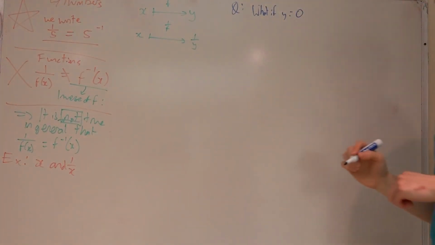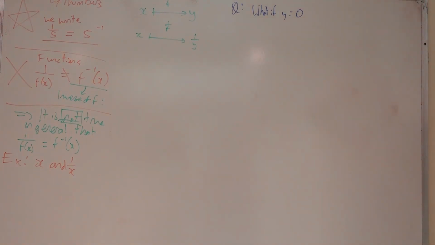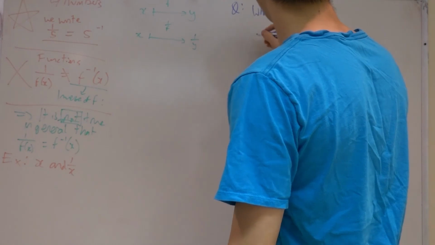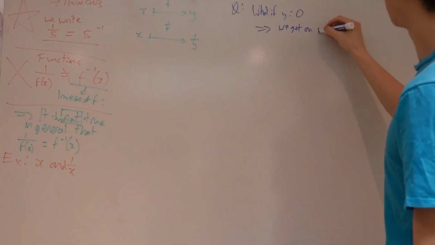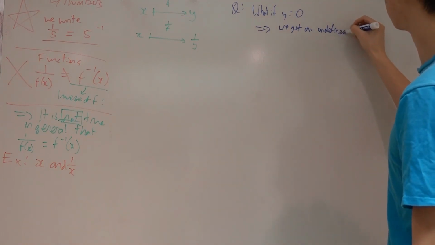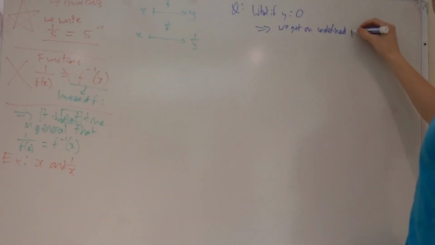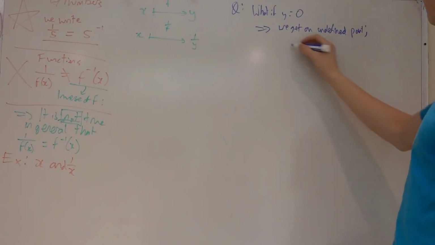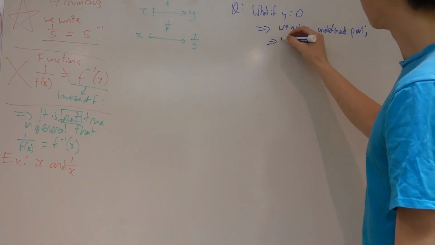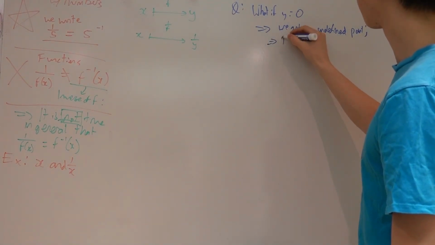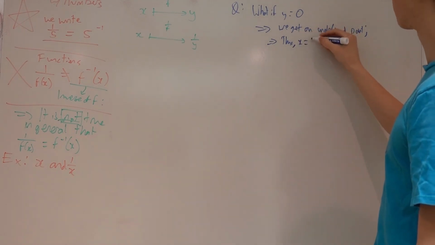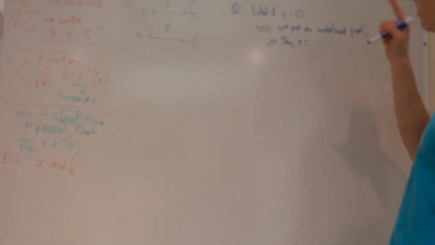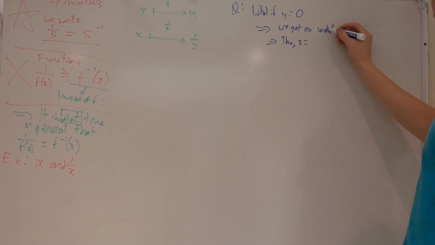Then we have a problem, right? And our problem is, of course, that this is going to be undefined, right? We get an undefined point. Okay? In fact, it can be shown that this point, x, is a vertical asymptote.